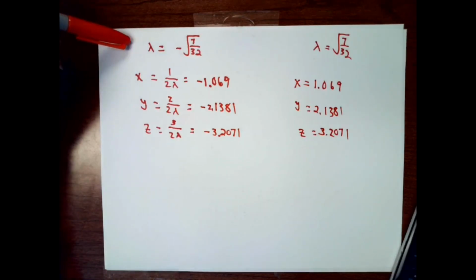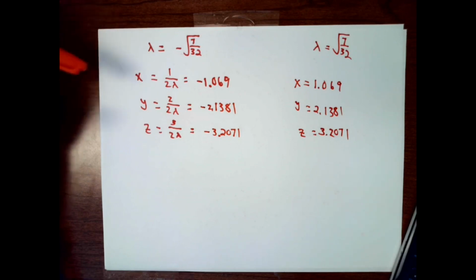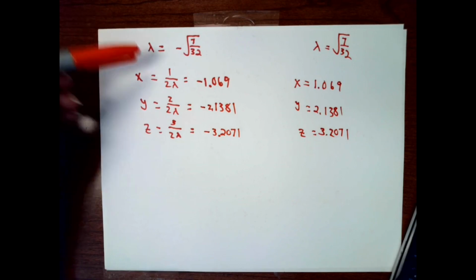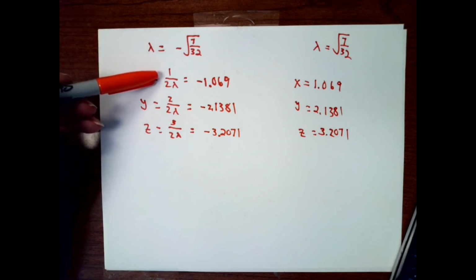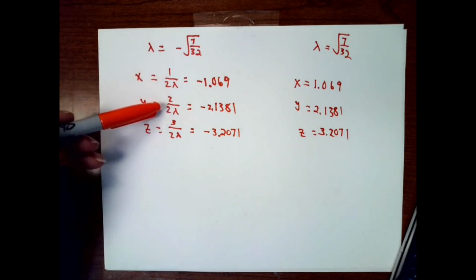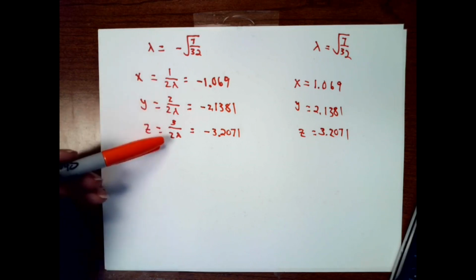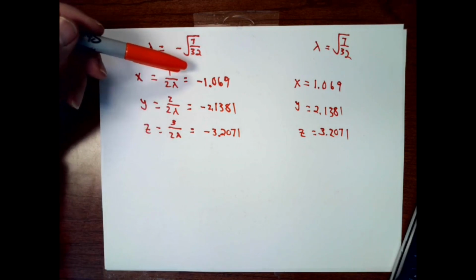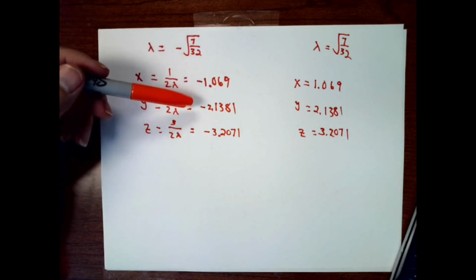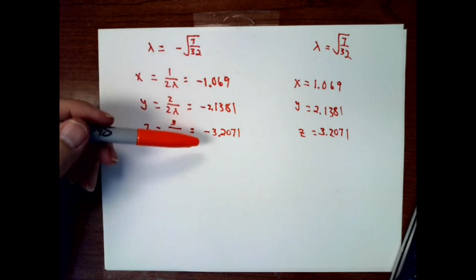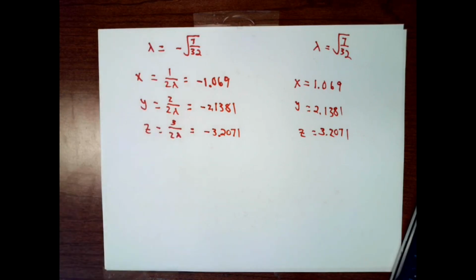For lambda equals negative radical 7 over 32, I got my calculator out and calculated x, which is 1 over 2 lambda, y, which is 2 over 2 lambda, and z, which is 3 over 2 lambda, and got negative 1.069, negative 2.1381, and negative 3.2071 to about 4 or 5 significant figures.